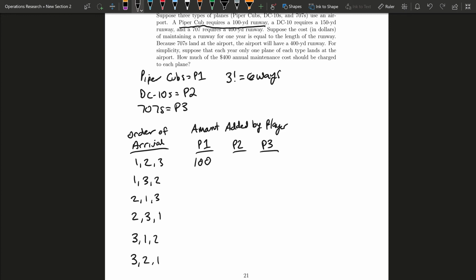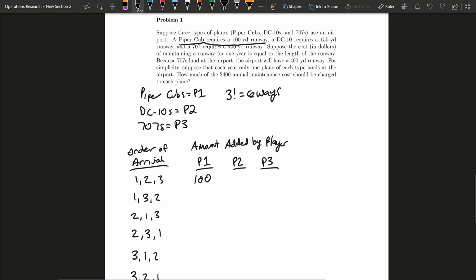Now the next one that arrives is player 2, which is DC 10s, and DC 10s are going to require 150 yards. So now we take the difference between that 150 they need and the 100 that's already there, and they should be paying 50. And now finally, when player 3 arrives, which is the 707s, 707s require 400 yards. So now we take 400 minus the 150, and we have 250 that player 3 should be contributing.